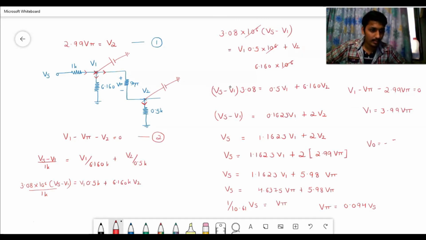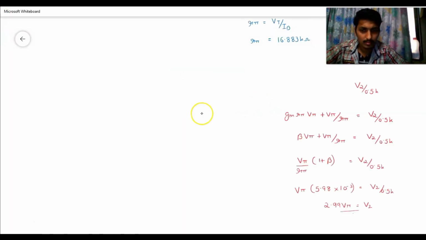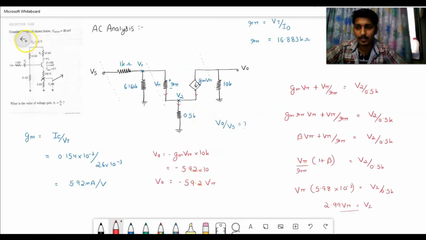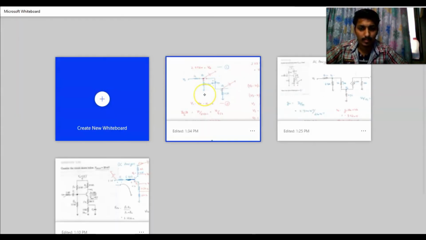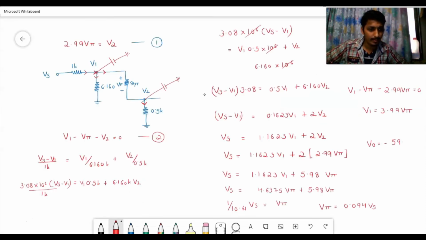V0 equals minus 59, okay, one second, what's the equation? It's 59.2. So if we solve it further, 59.2 in terms of V pi, and V pi is given as 0.094 Vs. So multiplying this answer into 59.2 comes out to be 5.57.